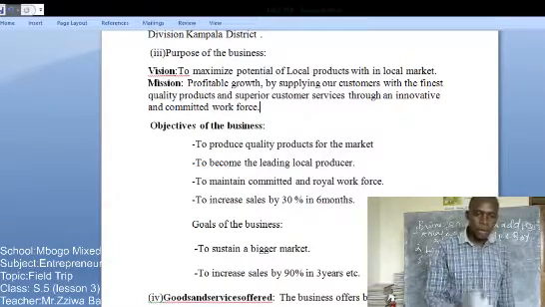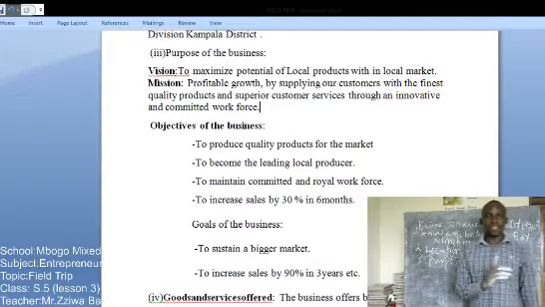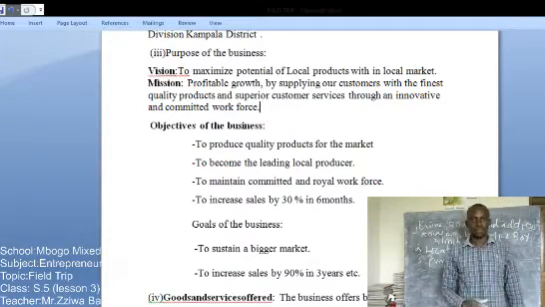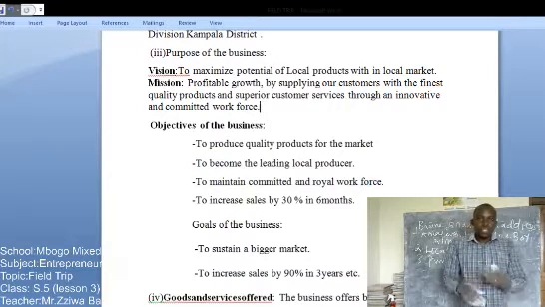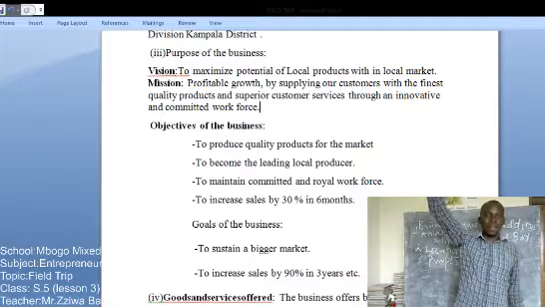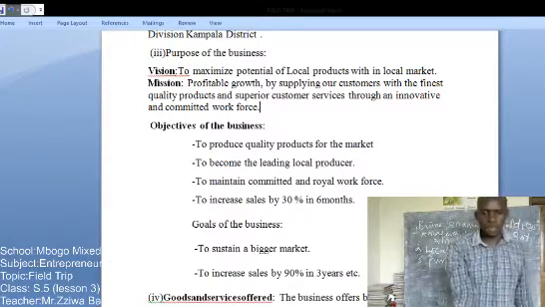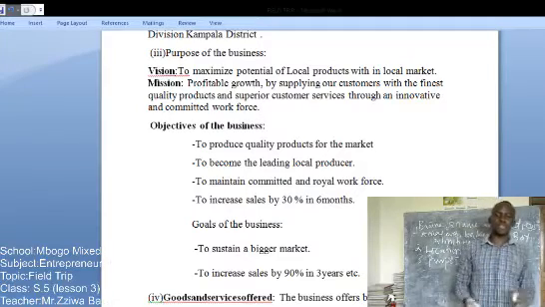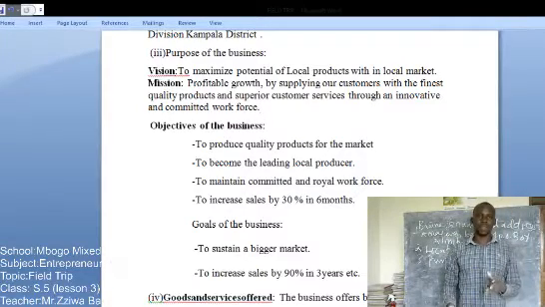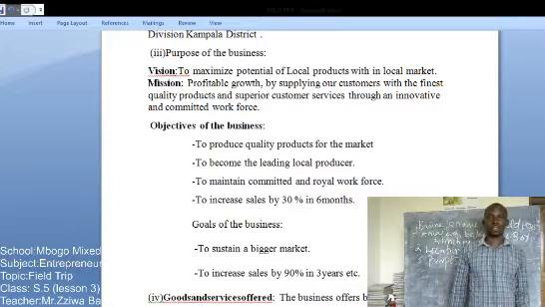Objectives are more or less the same as goals. The only difference is in the time frame. Goals take quite a long period of time, usually 1 year and above, but they can be looking at the same concept. For example, to increase profits by 30% in 2 years, that is a goal.